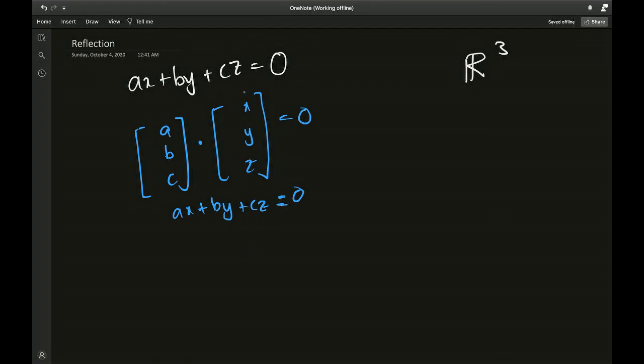And xyz, by the idea of writing an equation of a plane in this way, represents an arbitrary point on the plane.